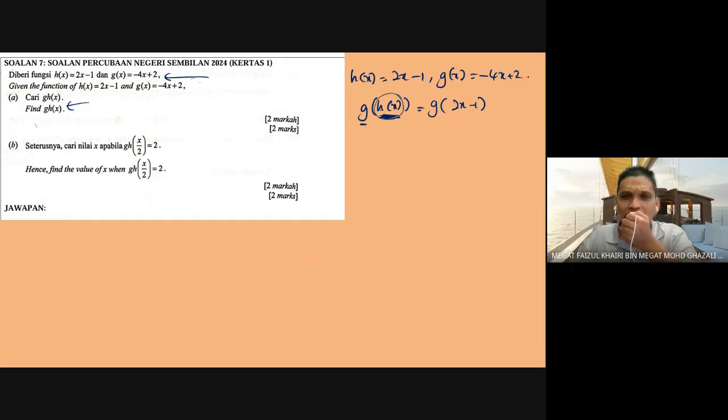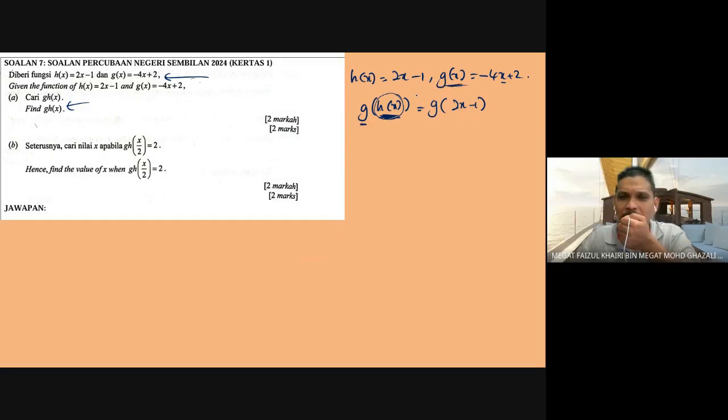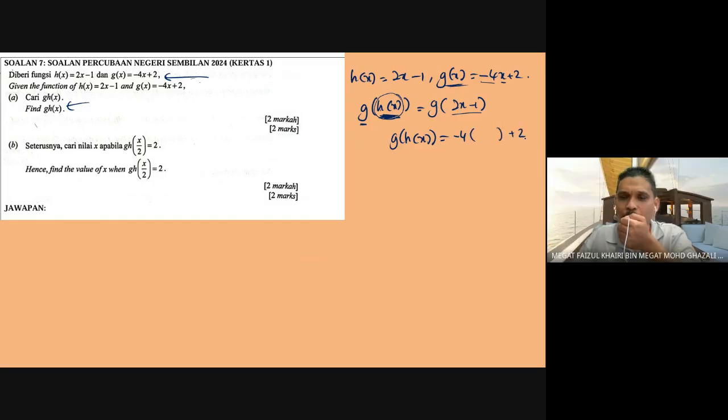Substitute the whole function of h(x) into x of the function g(x). So g(h(x)) is negative 4 times (2x minus 1) plus 2.